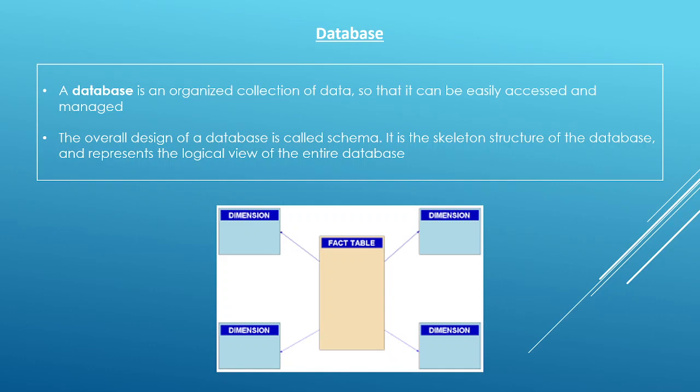Now the question comes about what is DBMS, what is RDBMS. DBMS is database management system, RDBMS is relational database management system. What are the key differences between them? DBMS is usually stored in a file format, and in RDBMS the data is stored as tabular format.